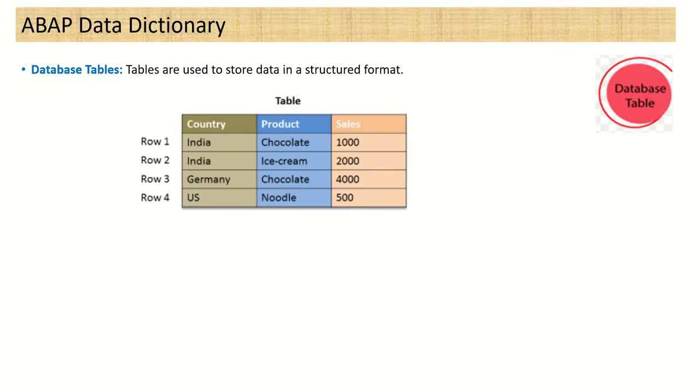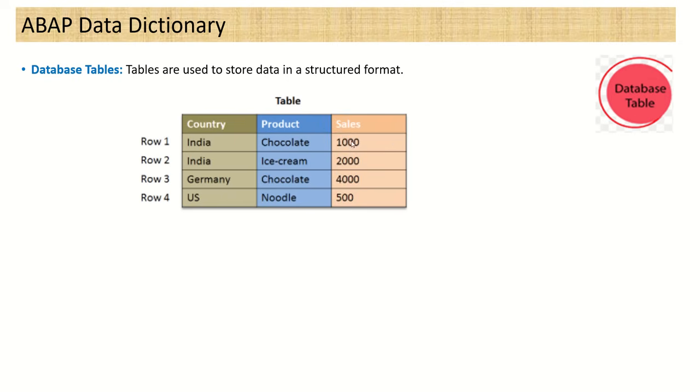Now let's see what database tables are. Tables are used to store data in a structured format. It is a combination of rows and columns. For the demo, I am showing a small table with 3 columns: country, product, and sales.